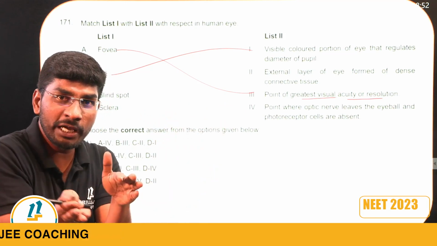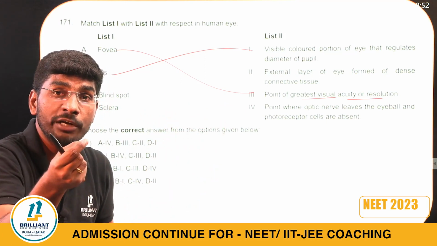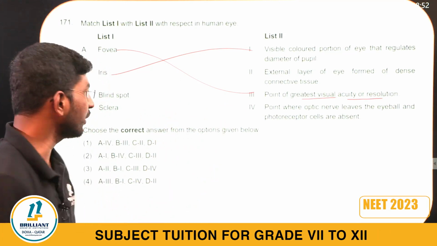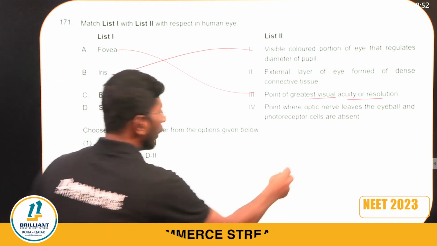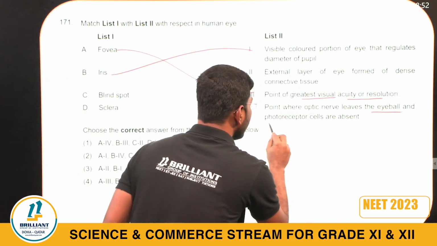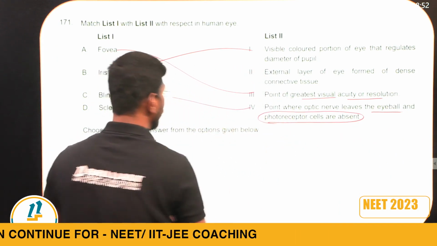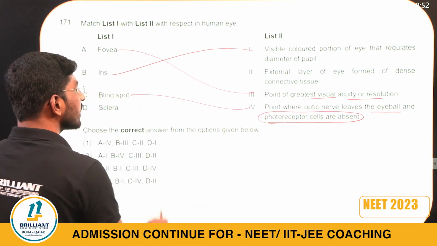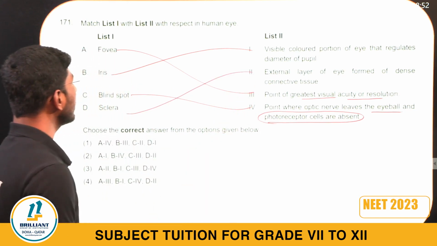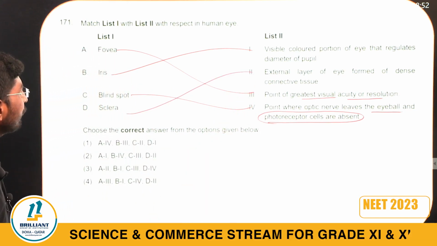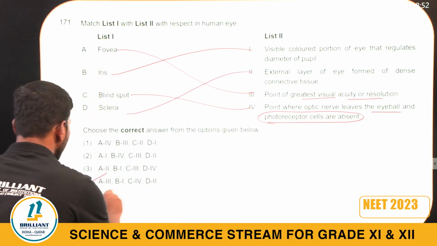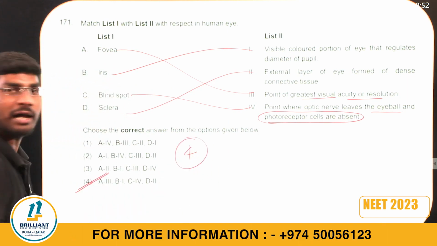Wherever the optic nerve leaves, there are no rods and cones and no image formation. It is the point where the optic nerve leaves the eyeball and photoreceptors are absent, so option 4. Sclera is the external layer of the eye. So the right answer is 3142, option 4. Human eye.